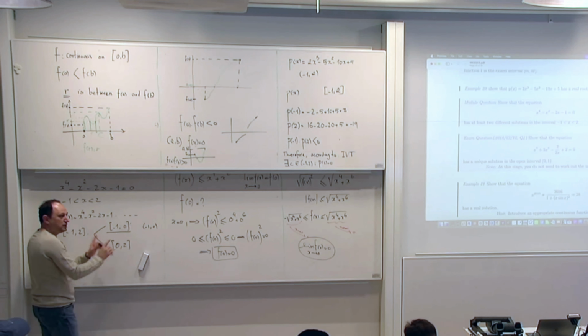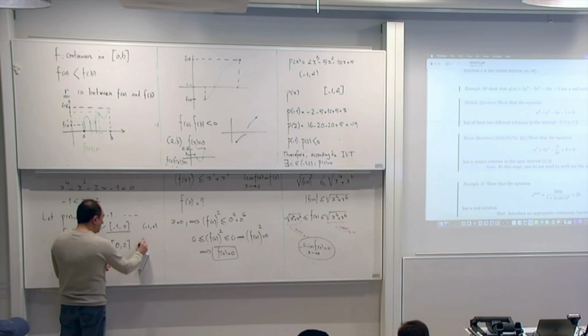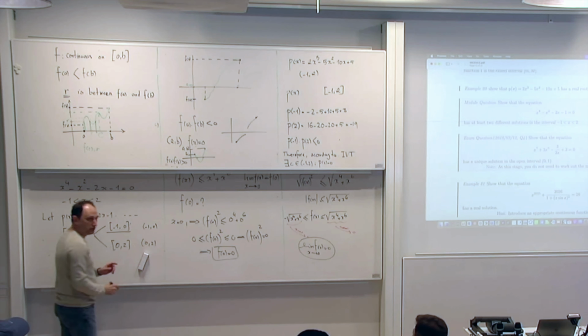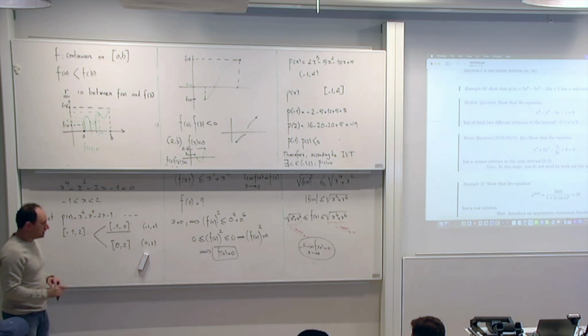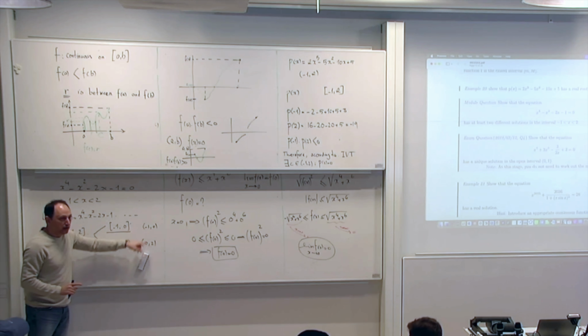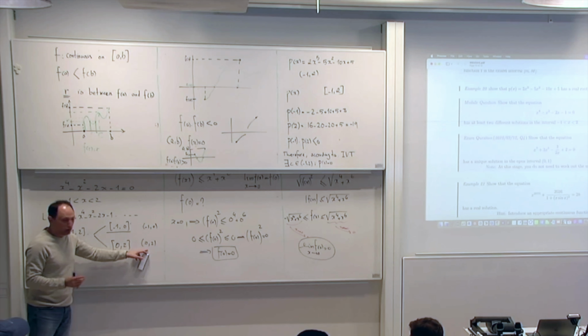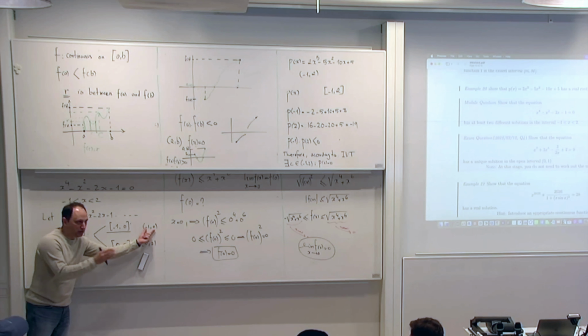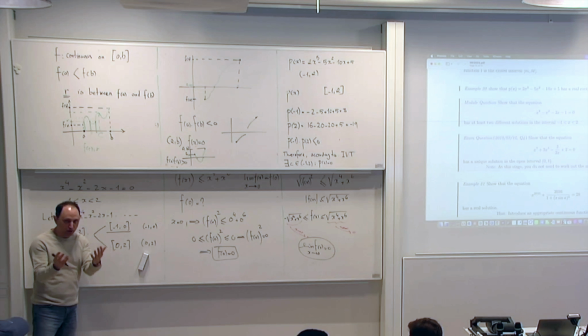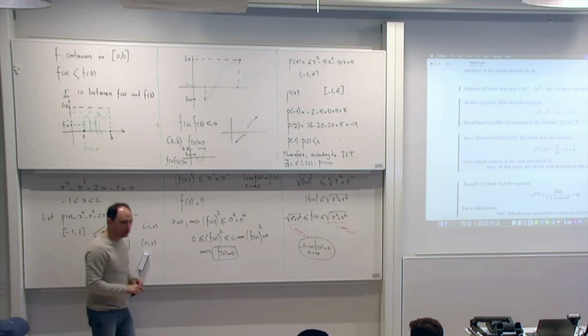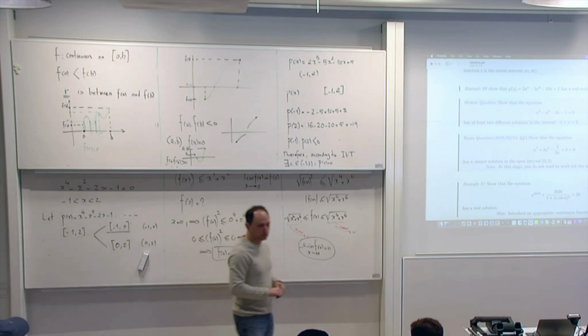This will give you another one, between 0 and 2. So you were able to guarantee that this equation has one root here and one root there. Can these two roots be the same? No, because one of them is between -1 and 0, the other one is between 0 and 2. So you found at least 2 distinct roots of the function. Is that clear? Yes.